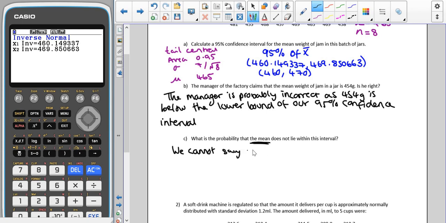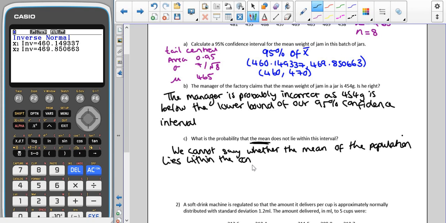say whether the mean of the population lies within the confidence interval or not.